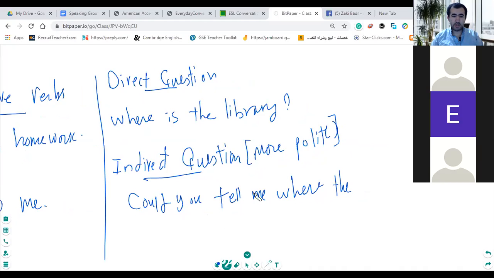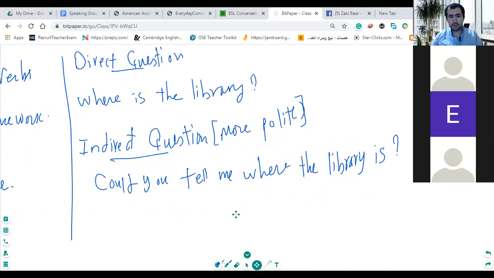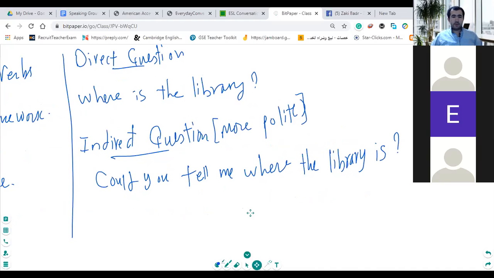Could you tell me where the library is? We can also say, can you describe the way to the library? Could you show me the way to the library, or the directions? Or can you tell me the directions how to get to the library?